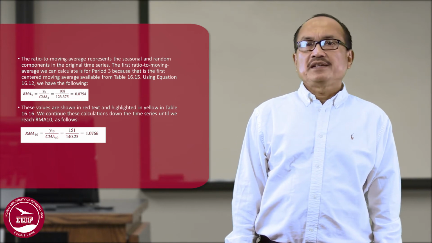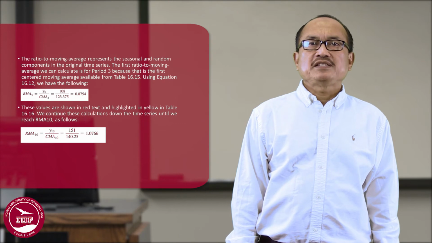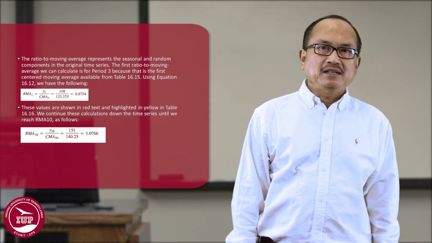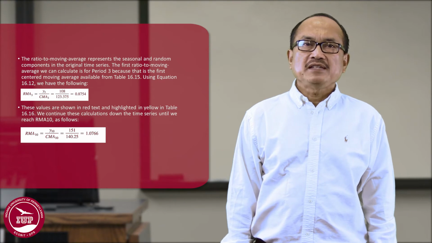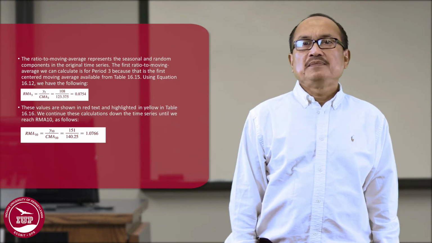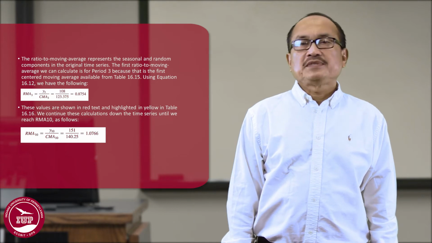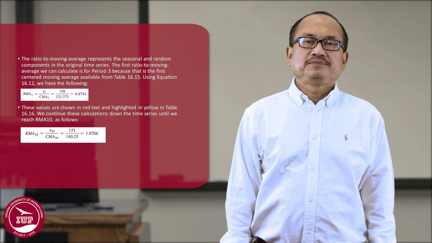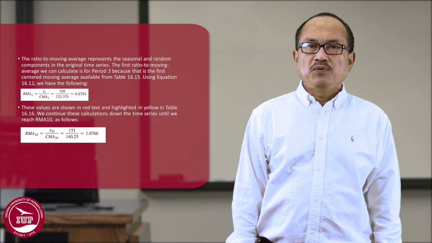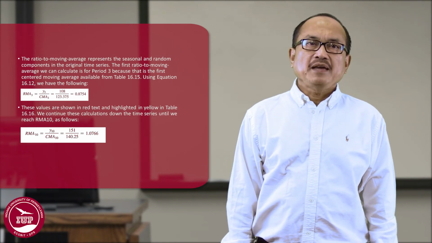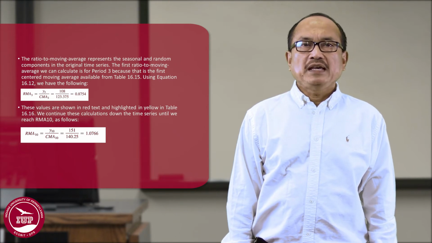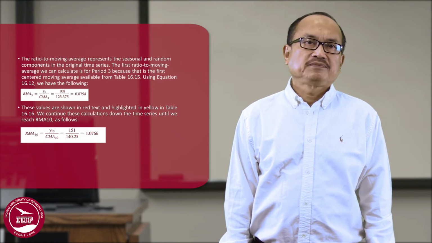The first ratio to moving average we can calculate is for period 3, because that is the first centered moving average available from table 16.15. Using equation 16.12, we have the following: RMA_3 equals 0.8754.